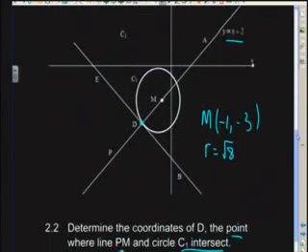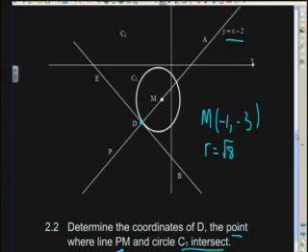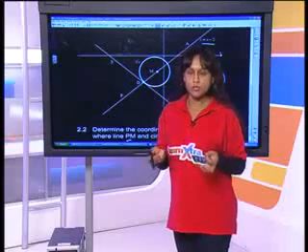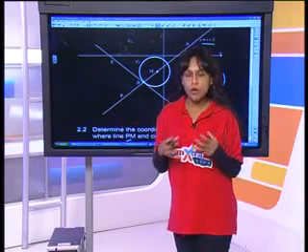So we know that equation. We have the equation of the circle, that was also given to us. So if I want to find this point D, the point of intersection between the circle and the straight line, how do you find points of intersection, just generally from graphs?